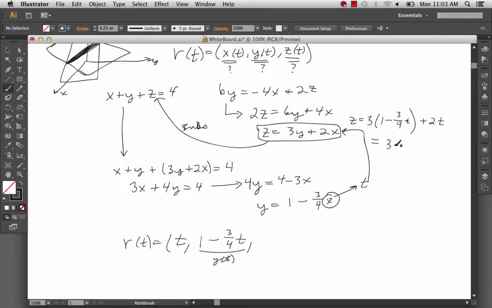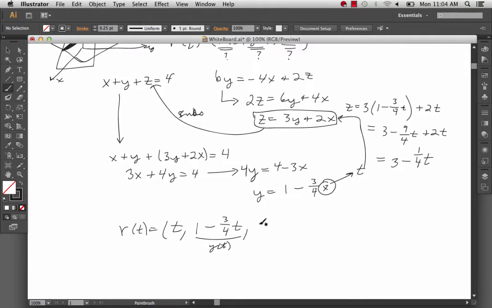So that would be 3 minus 9/4 t plus 2t. Getting that into a single expression, that would be 3 minus 1/4 t. So there's your z entry, 3 minus 1/4 t.